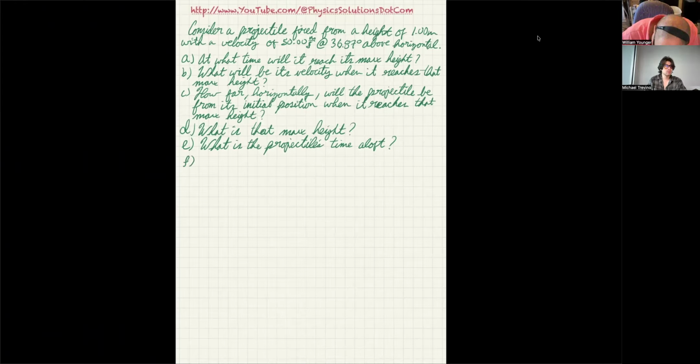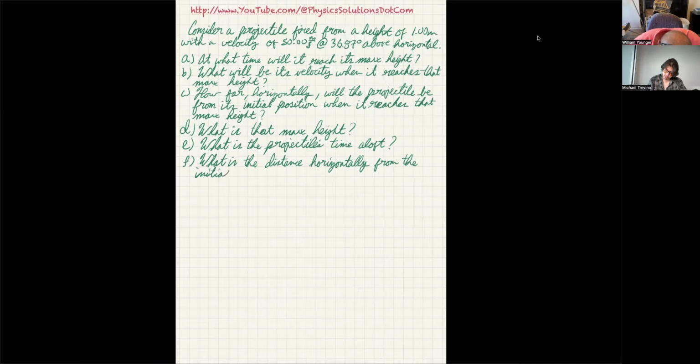And F, what is the distance horizontally from the initial position to where it hits the ground?